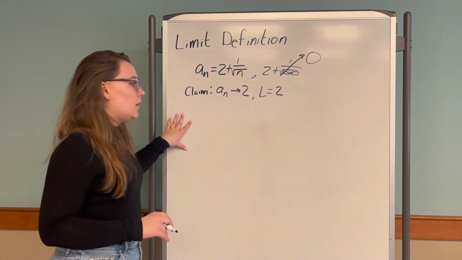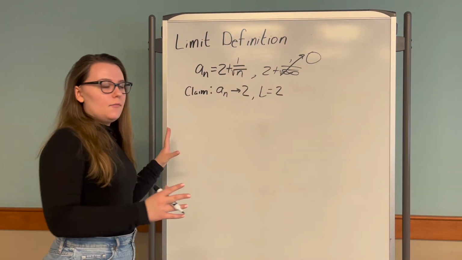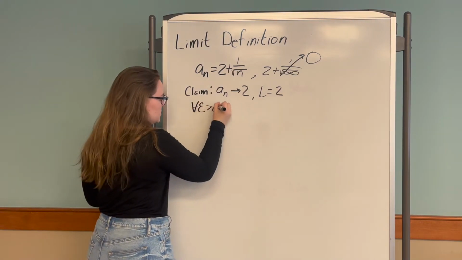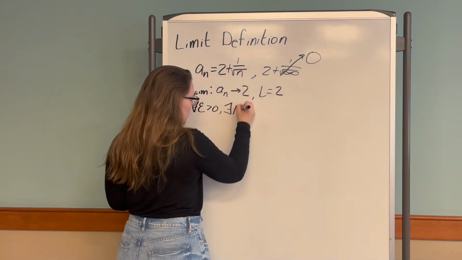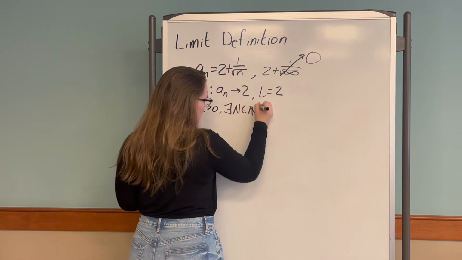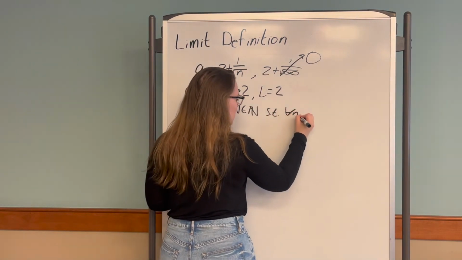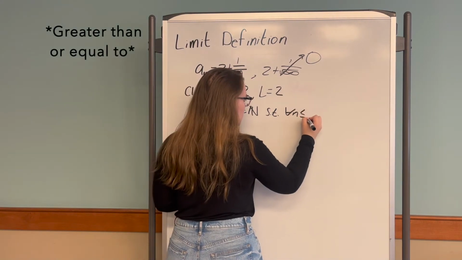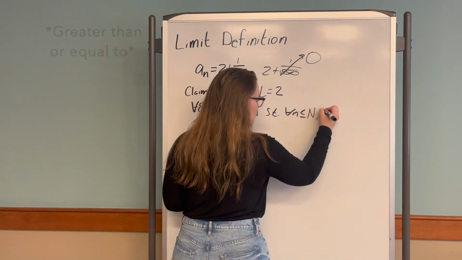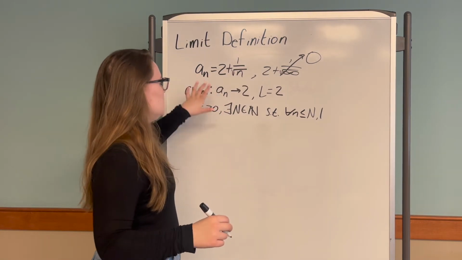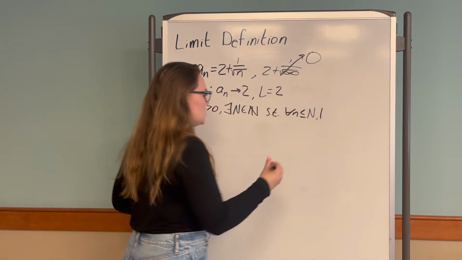So now we need to write out the entire definition. So here we go. For every epsilon greater than 0, there exists some big N in natural numbers such that for every little n less than or equal to big N, now we write in our a_n sequence and our limit.